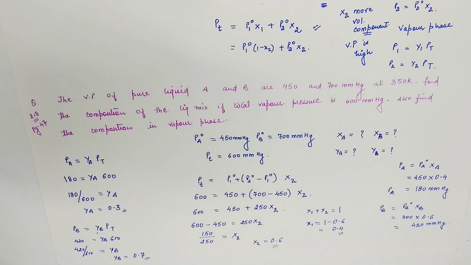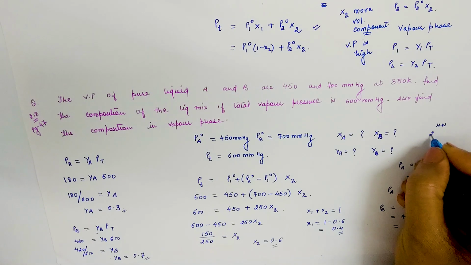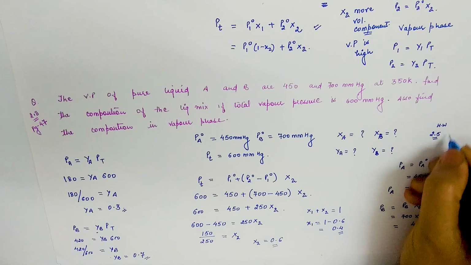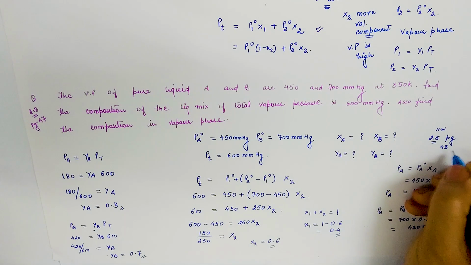Now children, in this reference, you will solve an NCERT example question without looking at the answer. You will solve it out. This is example question number 2.5, given on page number 43.